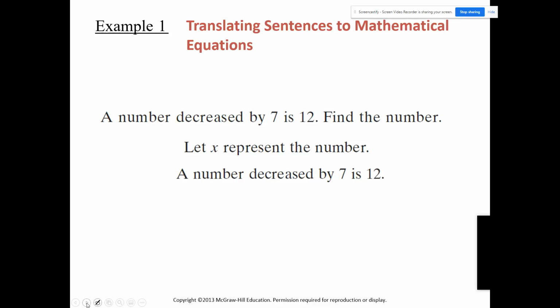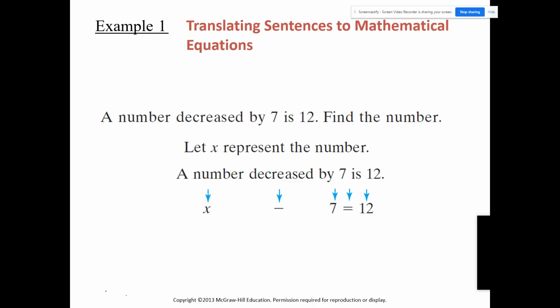The next step says to just rewrite the problem. So we have a number decreased by 7 is 12. We know decreased means subtraction. So we're going to have X minus 7 equals 12. Okay, so that is step number 4, writing a mathematical equation. So all these steps kind of flow together.